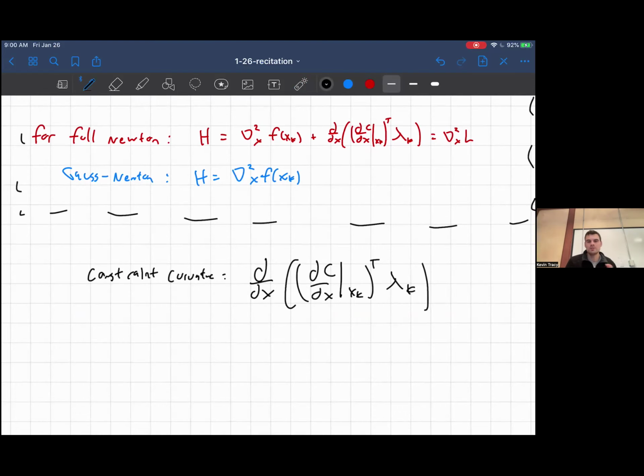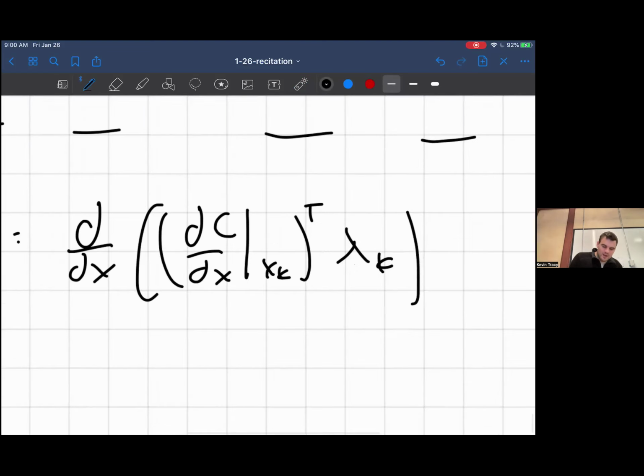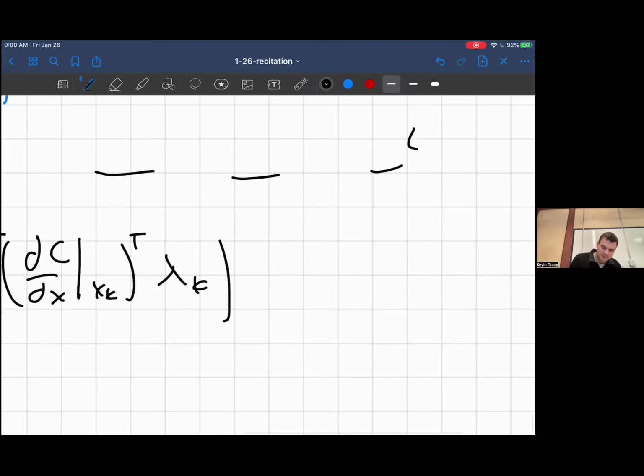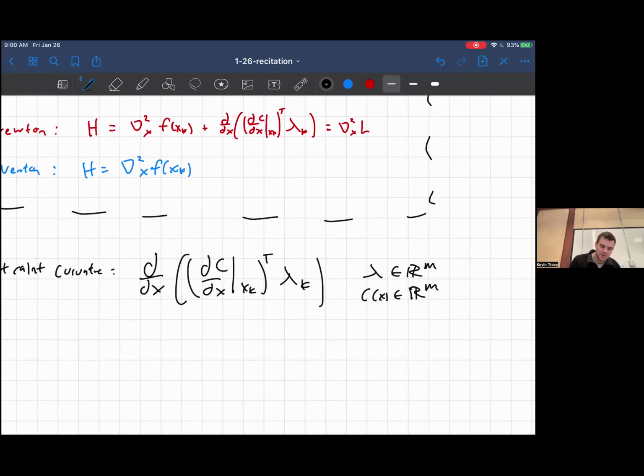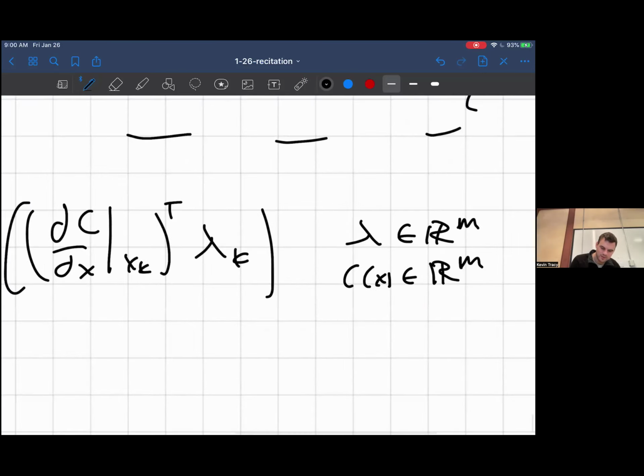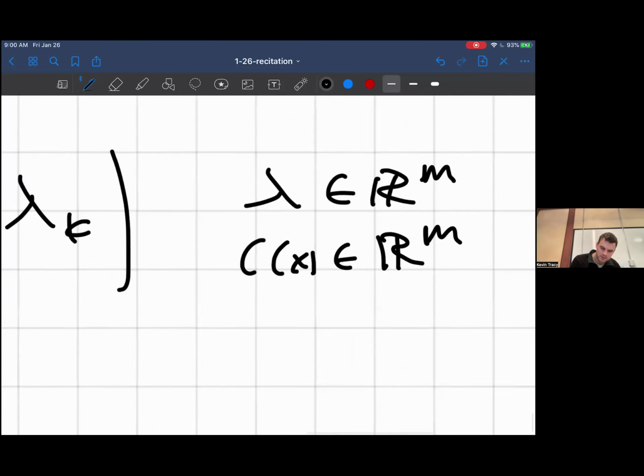Okay. So I can do this in two different ways. And I can think about it in terms of what the dimensions of it are. So I will use m as the number of constraints. So remember the dual variable and the constraints are the same dimension. So if I have m constraints, what I'm dealing with here is that this term right here is the number of x.